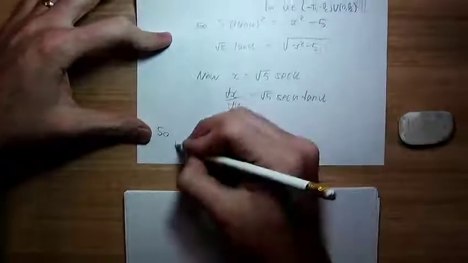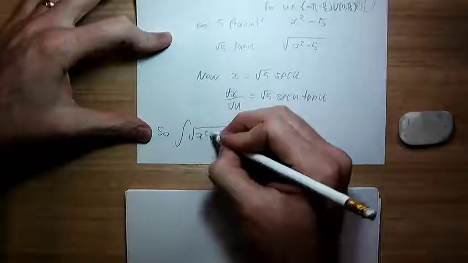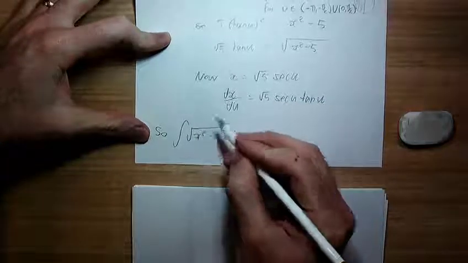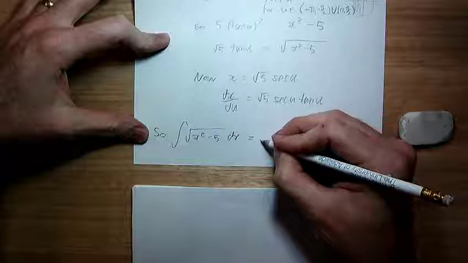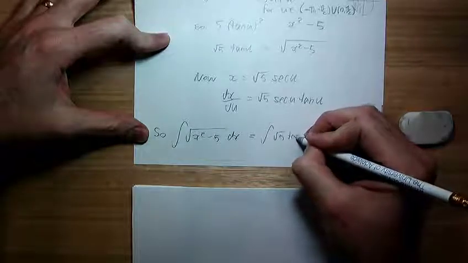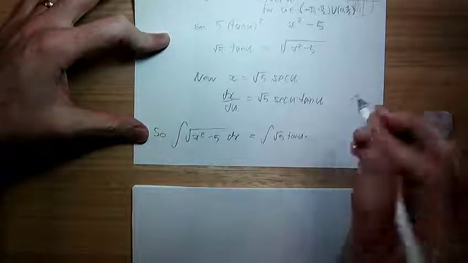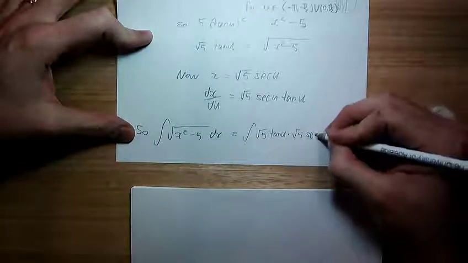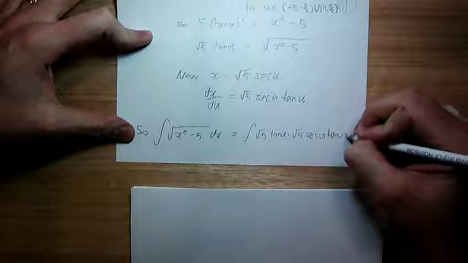So let's see what we've got. My root x squared minus 5 becomes root 5 tan u. My dx becomes root 5 sec u tan u du.